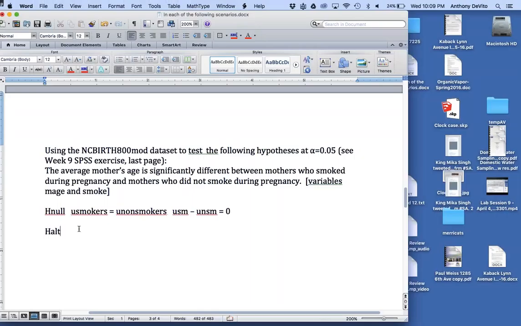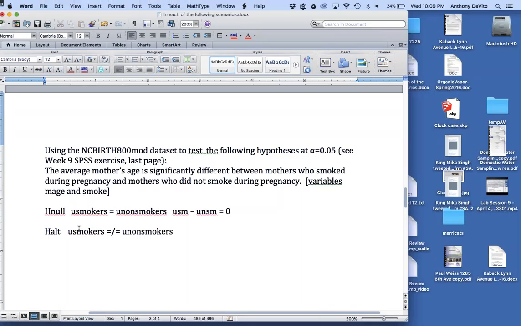Okay, well, how about the alternative hypothesis? In that case, the mean for smokers does not equal the mean for non-smokers. Oops, mu for non-smokers.